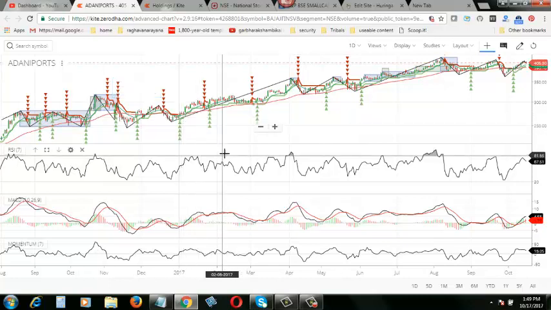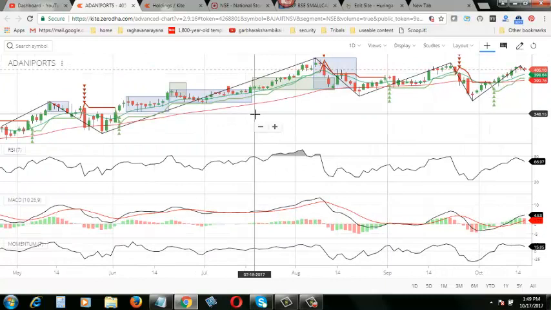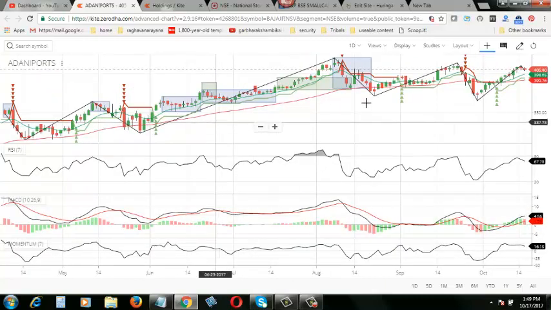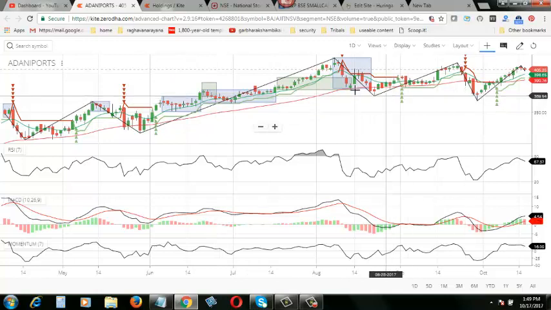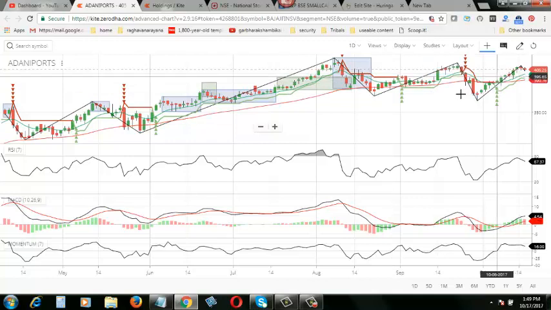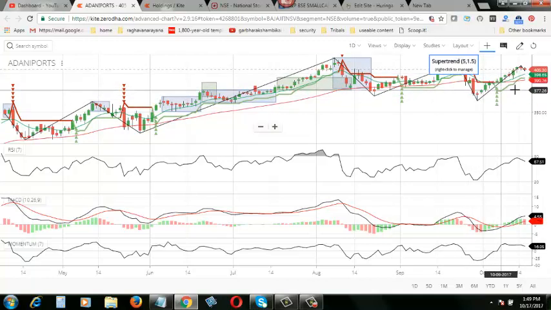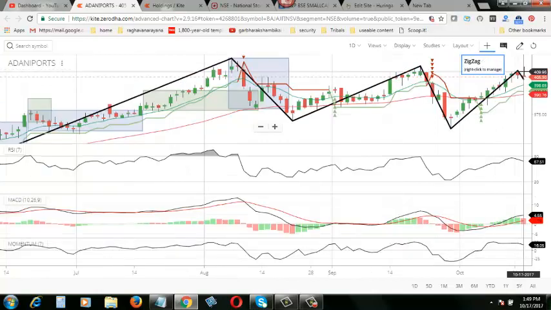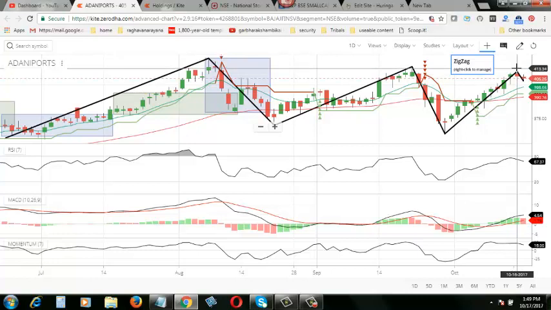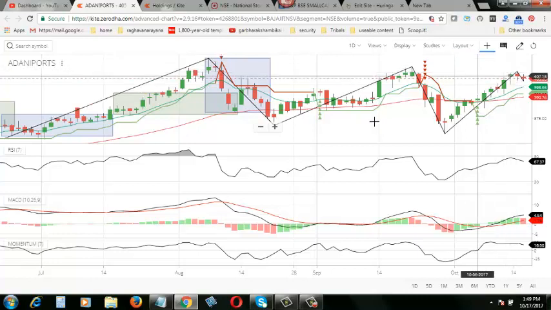Now, what is the scope, and what lies in the future when it comes to swing trading? Right now the price is going down. If you see the super trend, you see the green arrows here, so it is going up. But if you see the zigzag, the downward price movement has already started.